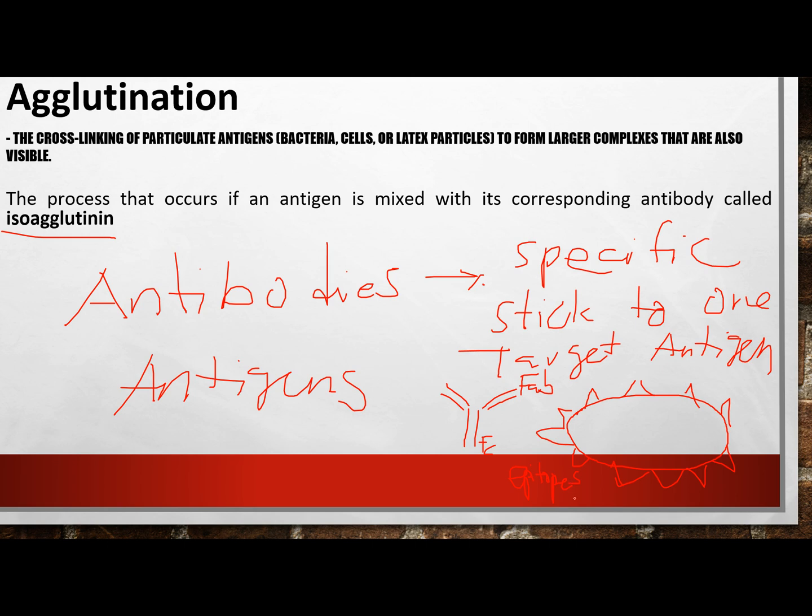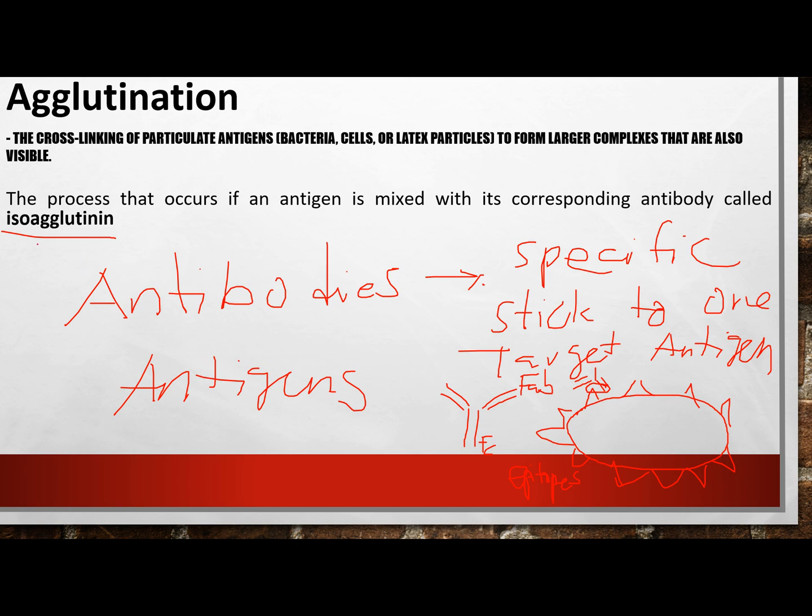The epitopes, class, are found on the surface of your antigens. They are the receptors wherein your antibody will attach. I'm sorry if I have a terrible drawing. The antibody would attach to the receptor or the epitope of the antigen, forming your agglutination.